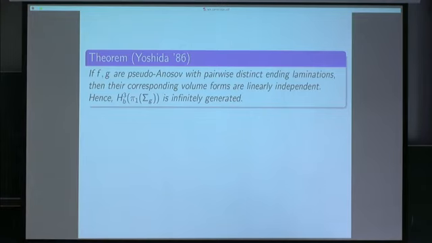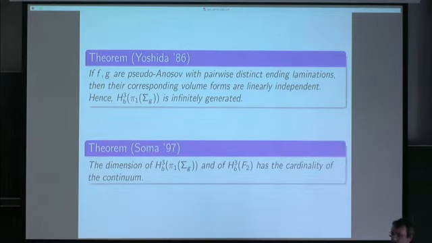But then this result has been generalized to show that the dimension of the third bounded cohomology group, both of surface groups and of free groups, is the cardinality of the continuum. But these proofs are just variations of the strategy I described. So in some sense, no new bounded class arises from these theorems.